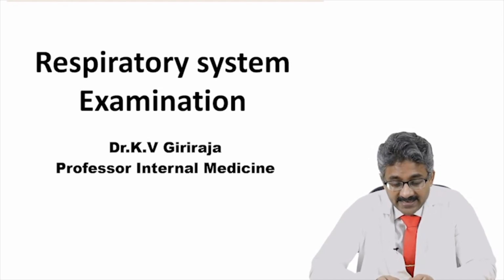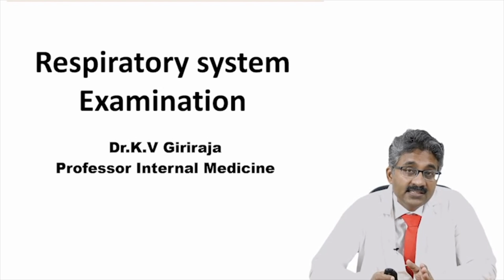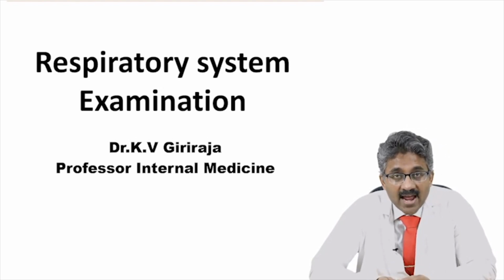Hemoptysis is known to be massive when the amount is more than 500 ml per day, or 150 ml per hour, or 100 ml for 3 consecutive days. So 500 ml per day, 150 ml per hour, or 100 ml per day for 3 days.